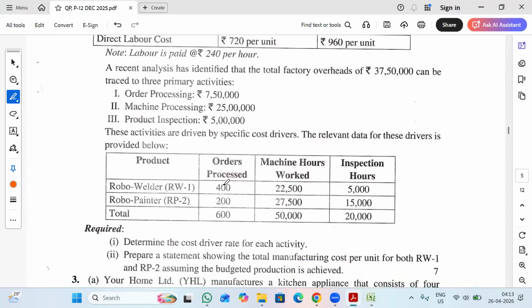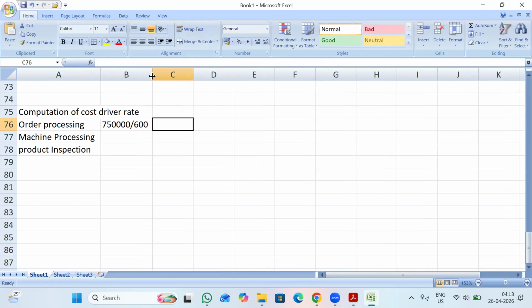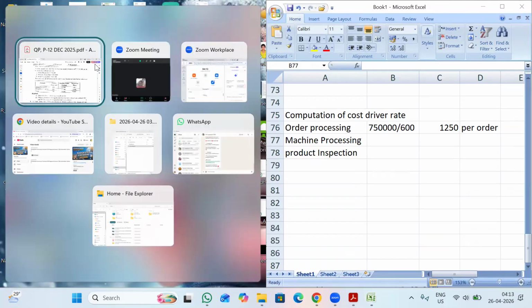So here for order processing, I will be getting 400 plus 200, that is 600 orders, and the overhead is 7,50,000. So 7,50,000 divided by 600. That is my overheads divided by total orders processed. So 1,250 per order.